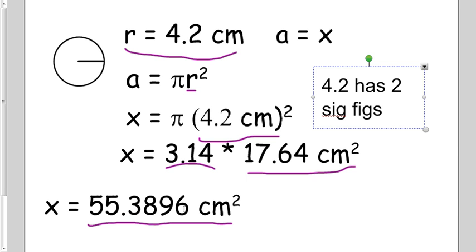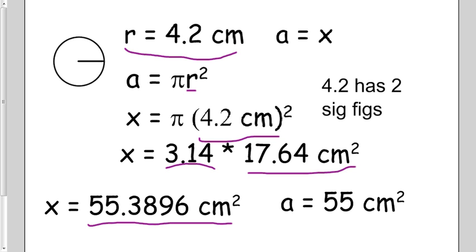Therefore, my answer can only have 2 sig figs. So my answer would be 55. I find the first 2 digits, in this case the 5 and the 5, and round to there. So the answer would become 55 centimeters squared.